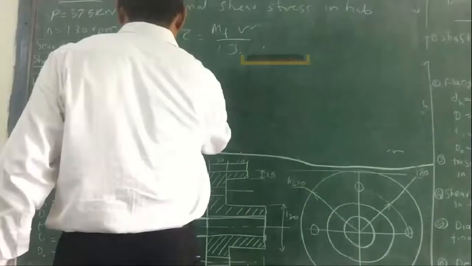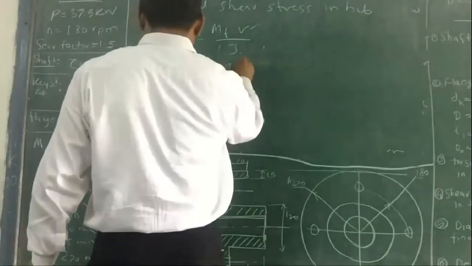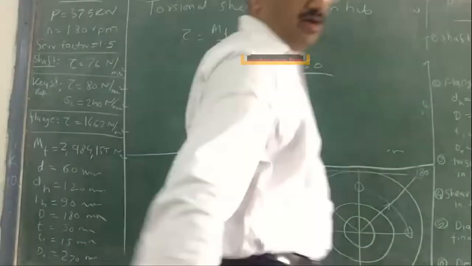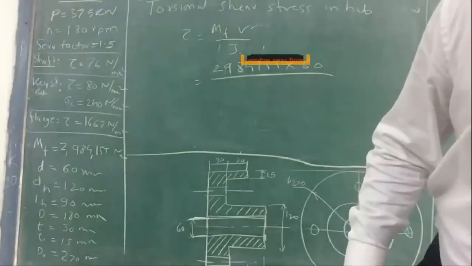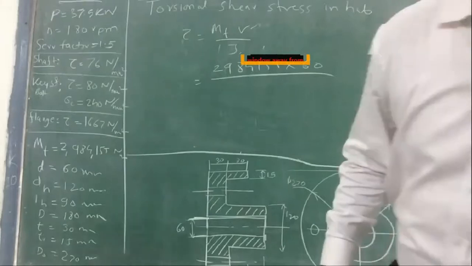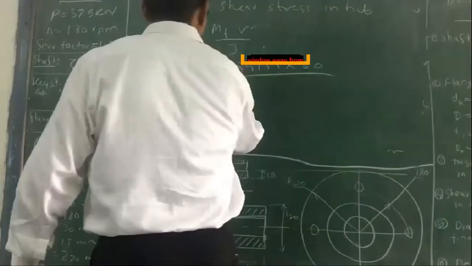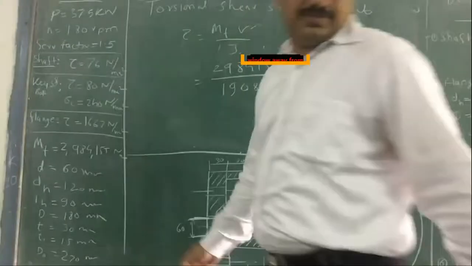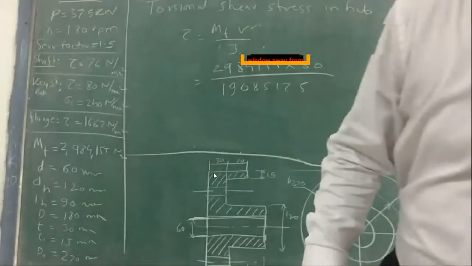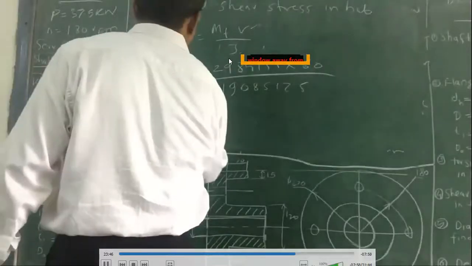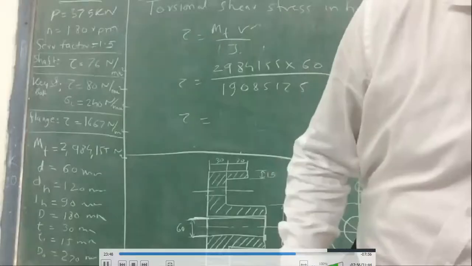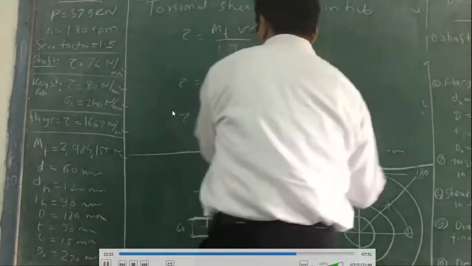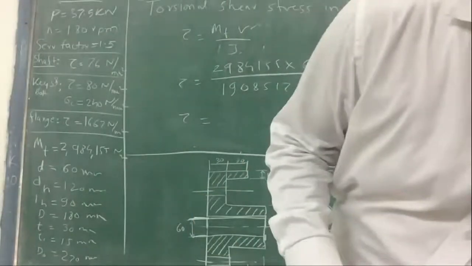So we'll put that MT is equal to 20984155. R we just got 60 and J we got as 19,085,175. That's correct. Okay, so with that we'll get tau, and the answer is 9.38.